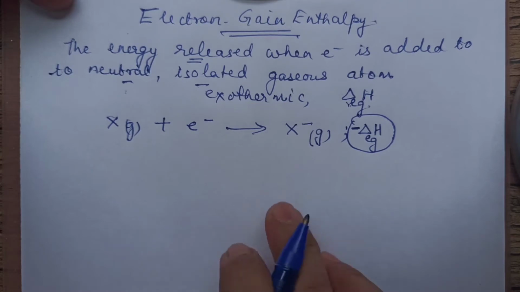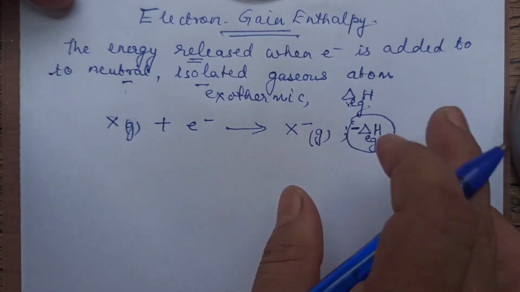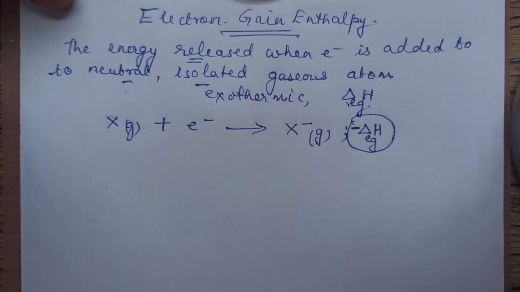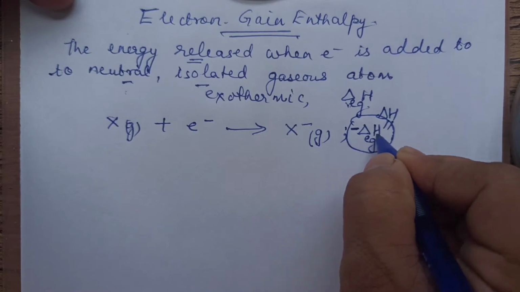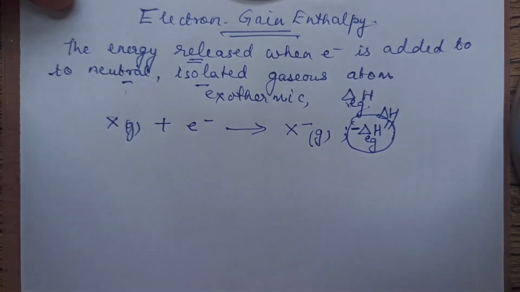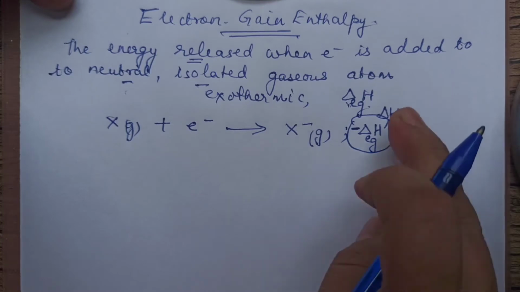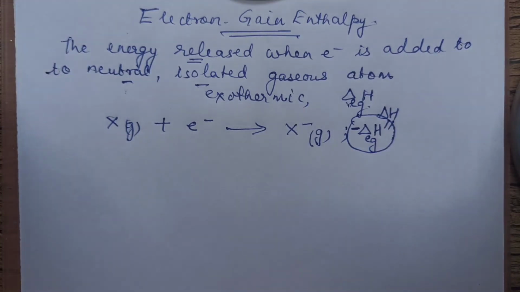If I write the equation, I may write plus electron gain enthalpy, meaning it is released, given out on the product side. I can also write delta H is equal to minus electron gain enthalpy. Delta H is the enthalpy of the reaction. We will also talk about this in the thermodynamics chapter.